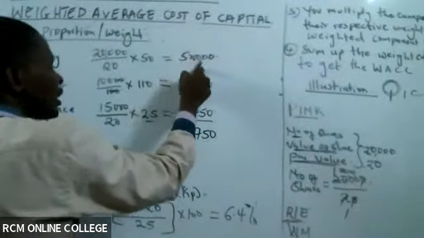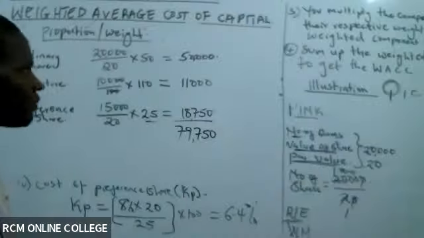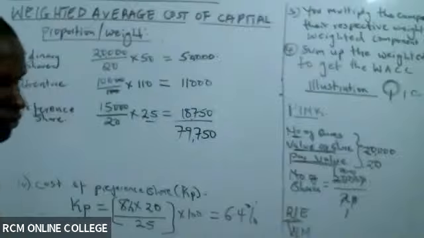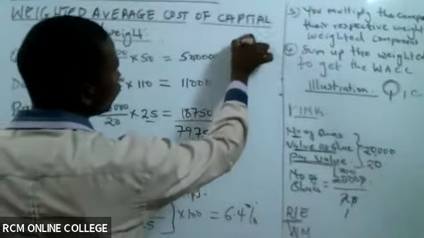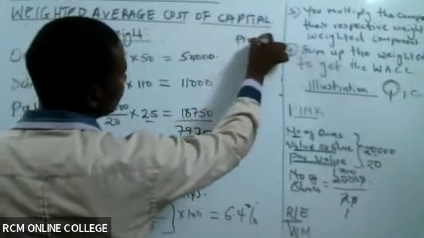Tupatie tu proportion, to two decimal places. 50,000 divided by 79,750. Hiyo ndio 0.63. Hiyo ndio proportion. 0.63. Haya. What about hiyo ingine? Debenture proportion inatupatia ngapi? Debenture.